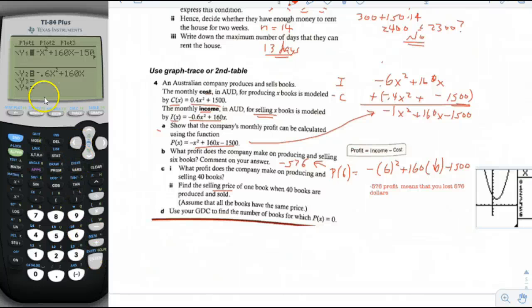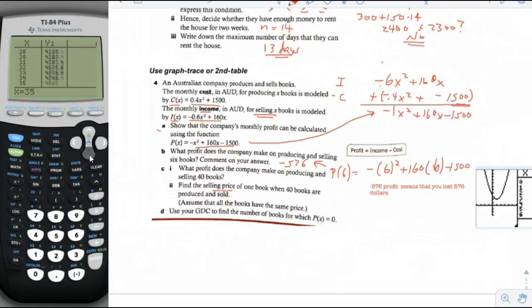We'll just press enter there, and that makes the first equation disappear temporarily, and then it just gives us the income equation because they're asking us about the income on 40 books. So now we're going to use table again, and we're going to see for 40 books what the total income is.